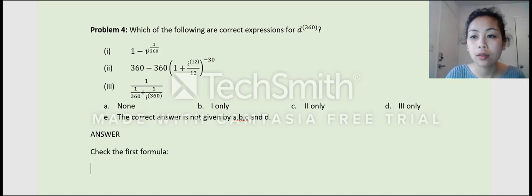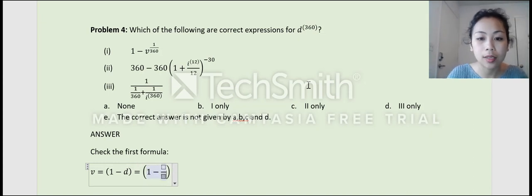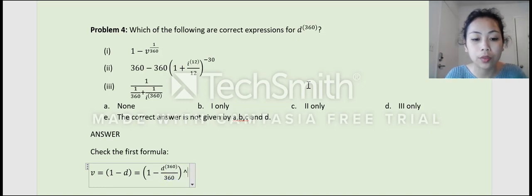We know that v equals (1 + i) to the power of negative 1. So 1 minus d equals v, and this equals (1 minus d^(360) over 360) to the power of 360.